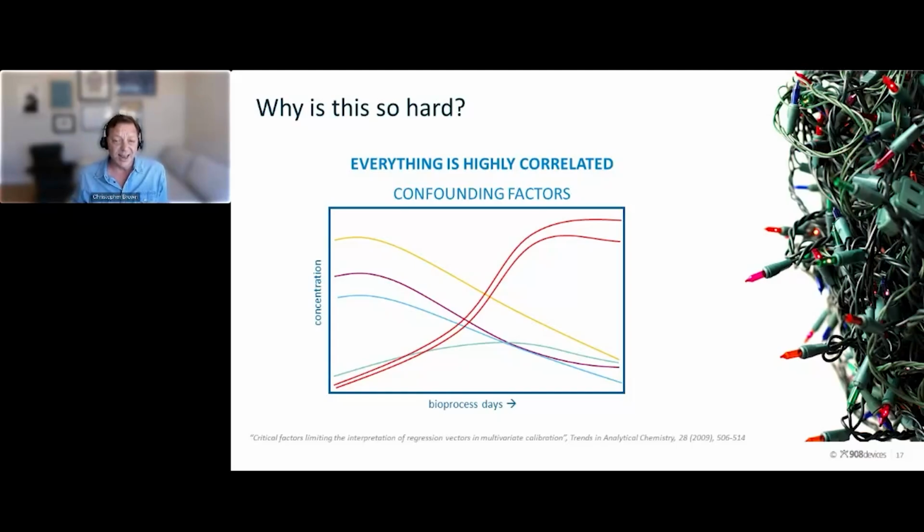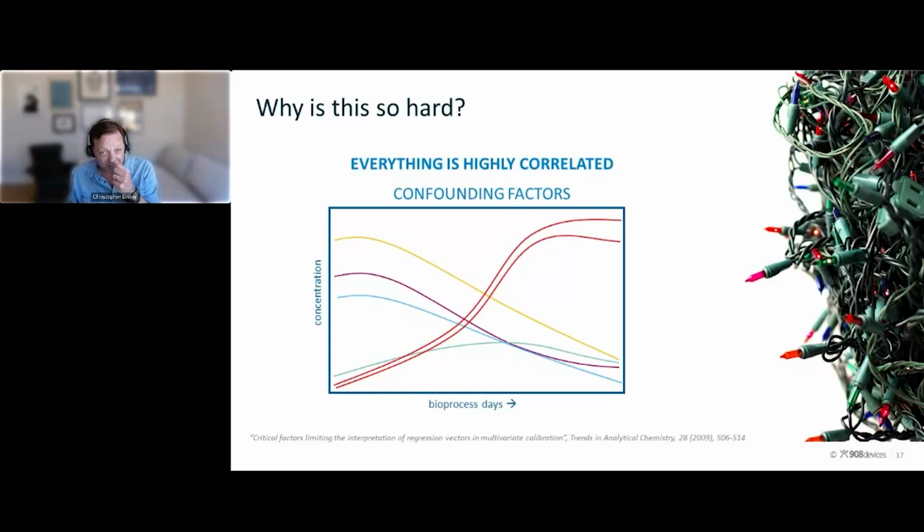The reason it's so tricky is that bioprocesses are extremely intercorrelated between a lot of confounding factors. So, right, glucose is consumed, waste products increase, cells grow, and the fact that this is really a metabolic reactor means that when things go up, other things go up.